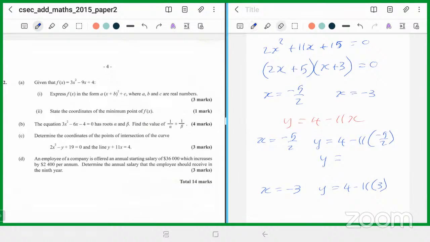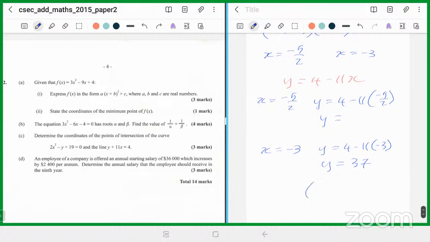11 times negative 3. Careful. 11 times negative 3 becomes negative 33, and minus negative 33 gives plus 33 plus 4. So that one looks like 37. So one of the points is negative 3, 37.